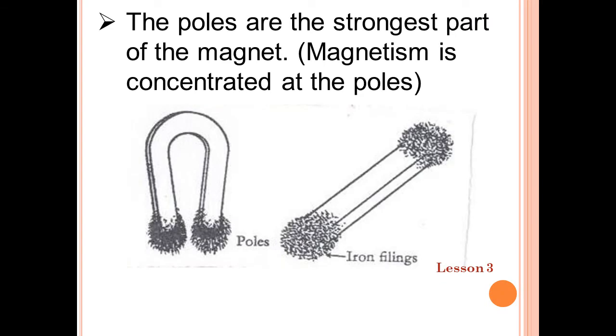Then the other behavior is that when you put iron filings near magnets, you will find that the iron filings are more attracted at the ends of the magnet. So the poles are the strongest part of the magnet, or magnetism is concentrated at the poles. That is why more of the iron filings will always be attracted at the ends.